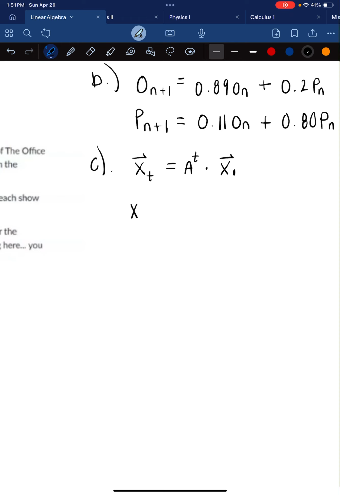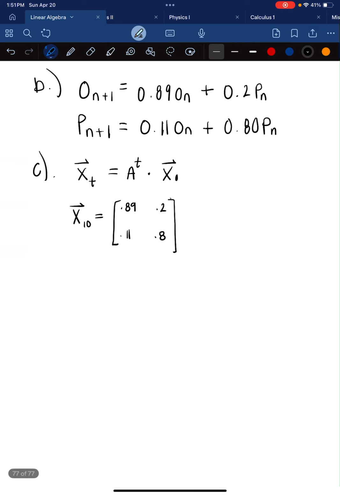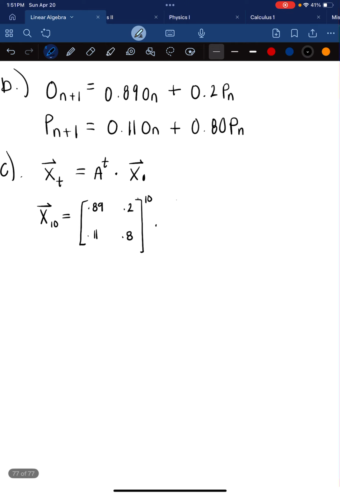Using our equation of x at time t, our A matrix is going to be 0.89, 0.2, 0.11, 0.8. And this is going to be to the 10th power times x naught, which is 13,000 and 9,000.